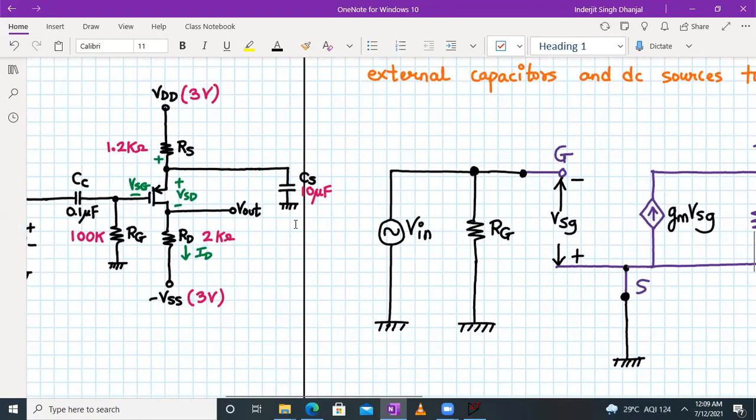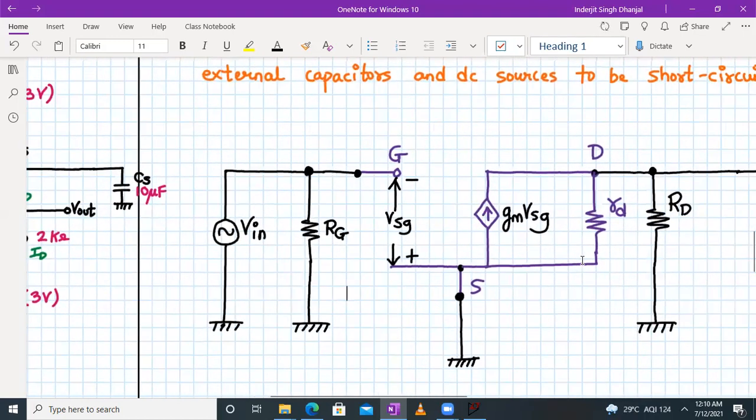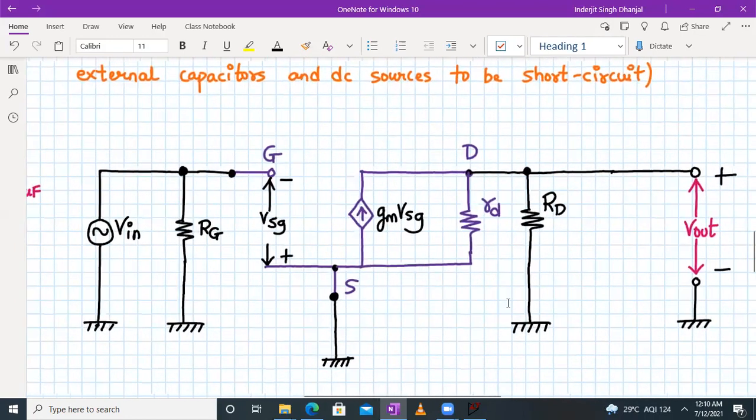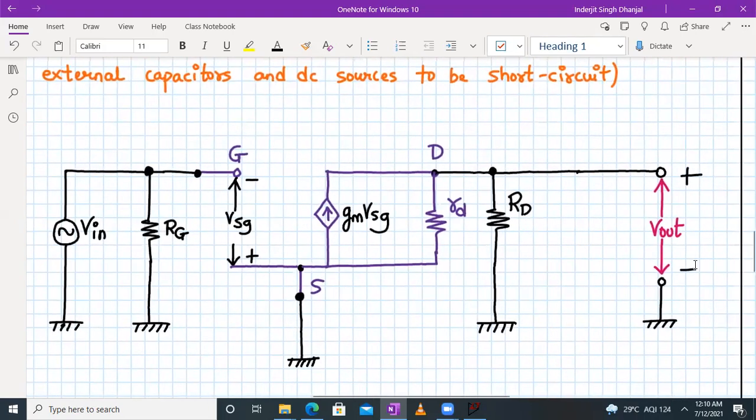The source terminal will be grounded. The reason being, we have a capacitor behaving as a short circuit, and it's in parallel with RS, hence your source terminal will be grounded. Next, at the drain terminal, we have a resistor RD, whose other end is connected to the ground. And across the resistor RD, we have V out.